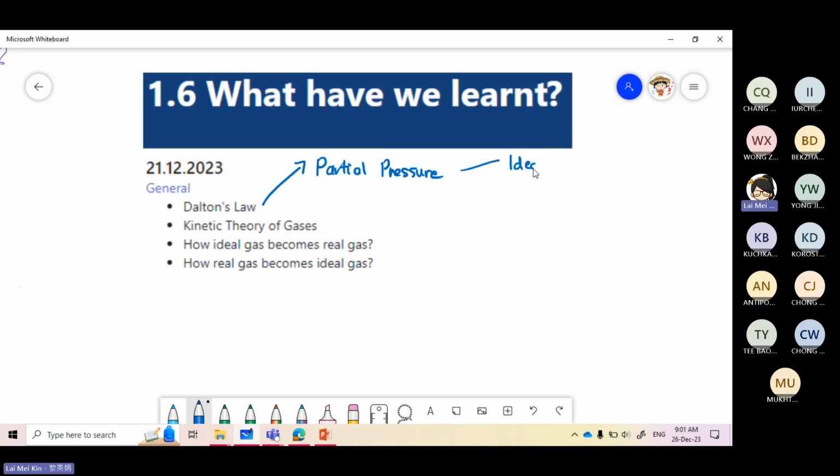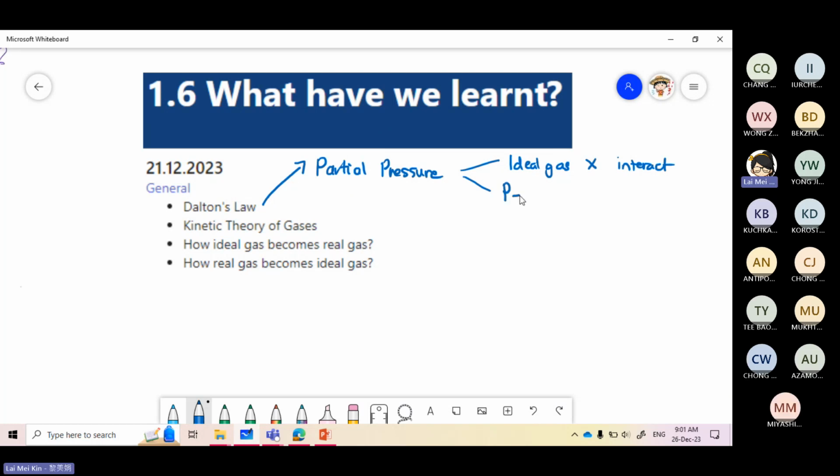Okay, ideal gases do not interact with one another. So they don't form bonds with one another. That's the meaning. What else? What about their pressure? The total pressure is equal to the individual pressures added together.